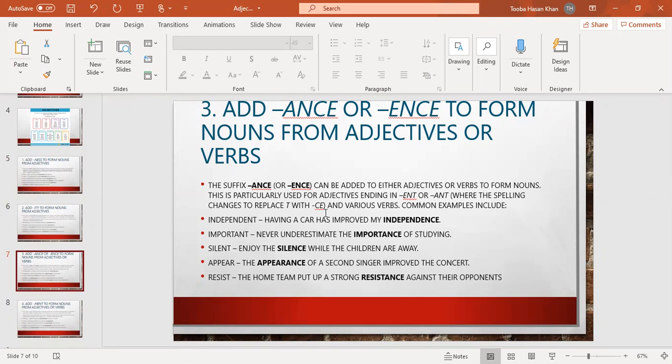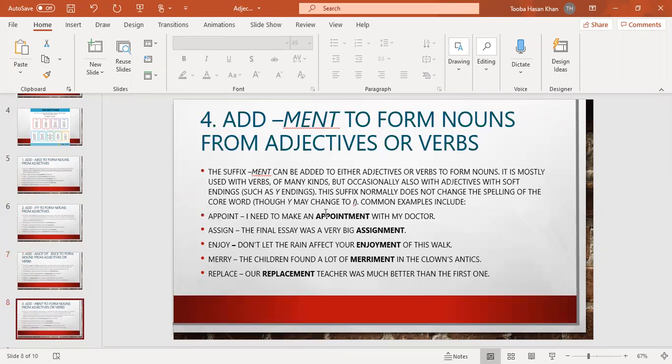Resist becomes resistance. The next suffix is ment. We mostly use this with verbs, but occasionally we can also use this with adjectives that have soft y endings. Okay? For example, enjoy, it is not a very hard sound.